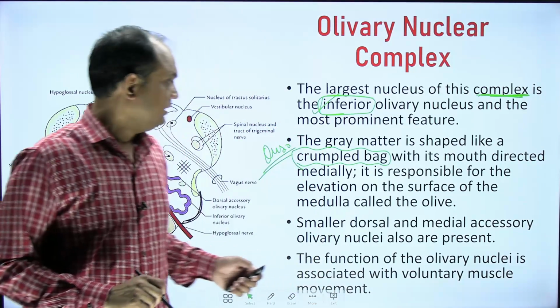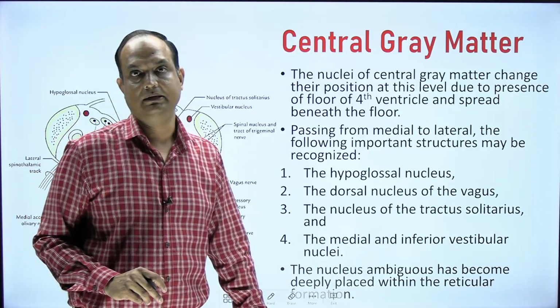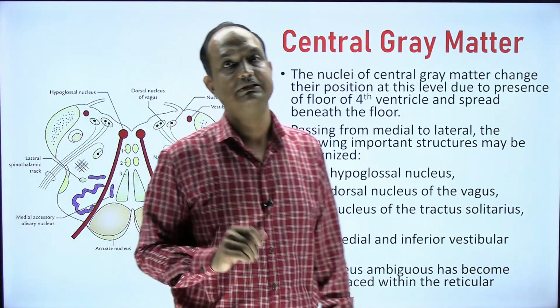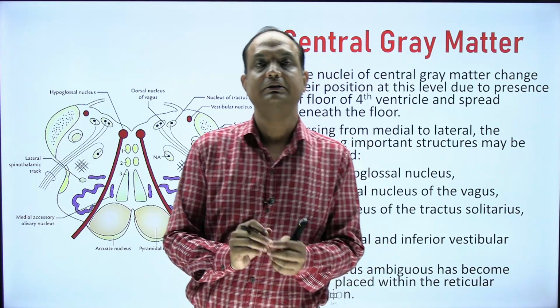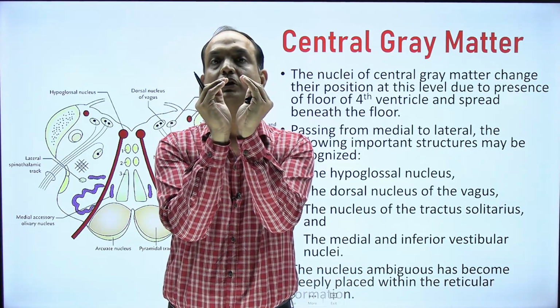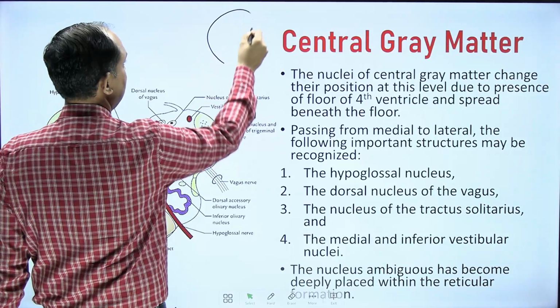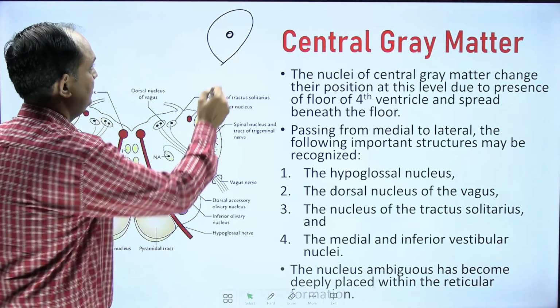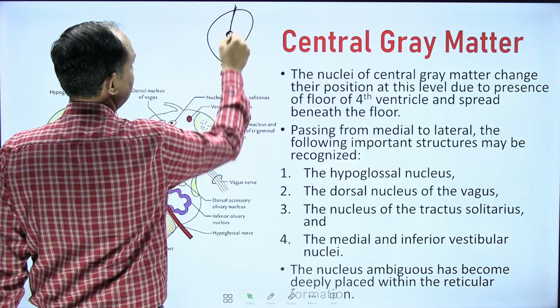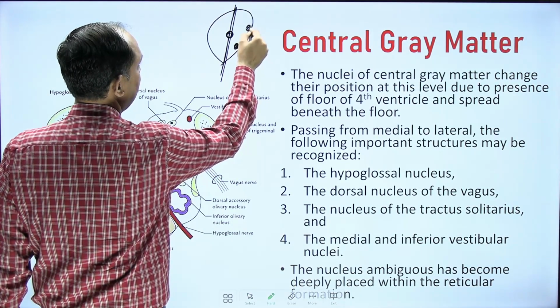Clear? Now, when you look at the central grey matter, this is an important concept to understand. When you are drawing the section at the level of sensory decussation, you draw a closed central grey matter. In that closed central grey matter, centrally you will have a central canal, and you draw the nuclei on both sides of this midline: hypoglossal nucleus, dorsal nucleus of vagus and tractus solitarius.